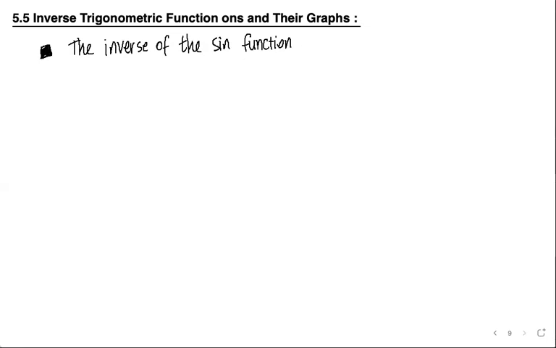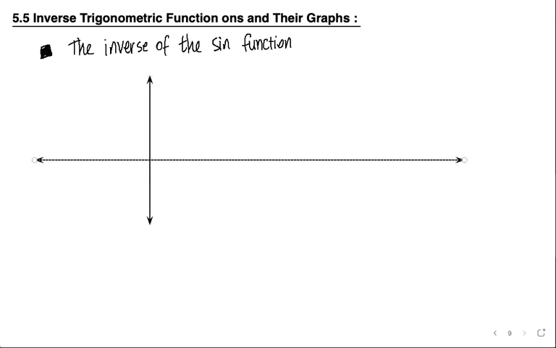So first of all, like we learned, the graph of the sine function looks something like this. At 0 it is 0, goes up, goes down, goes up. It's enough for period 2 pi.